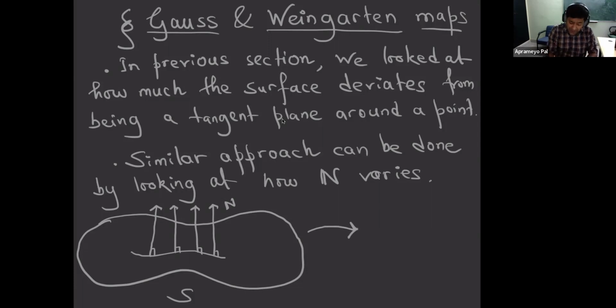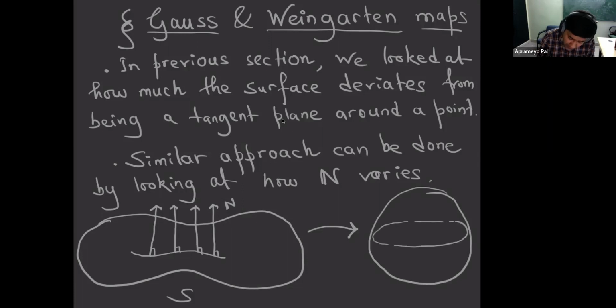Now if you consider them like this, as I have drawn, they are scattered, the directions are arbitrary. But if you put all the unit normal vectors from the same origin, since the radius is 1, they will lie on a sphere. Somehow this should be defined as a map called the Gauss map.